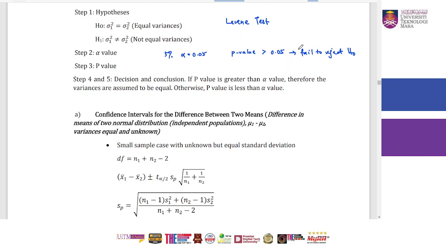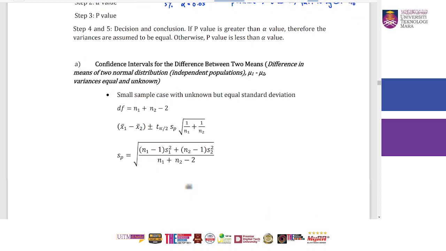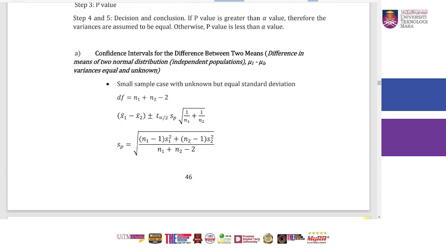So let's say the case here. So the case yang pertama kat sini, dia katakan confidence interval for the difference between two means, whereby in this situation, variance are equal and unknown. Okay, we assume variance are equal and unknown.